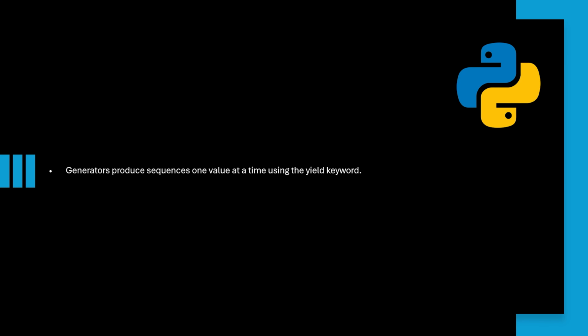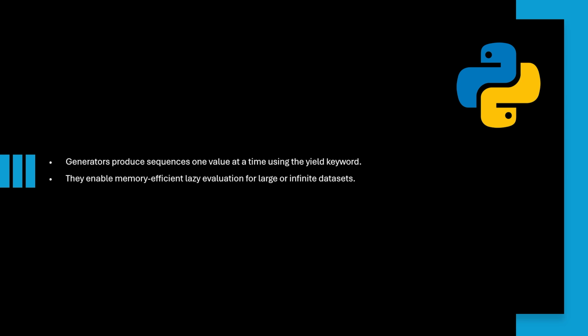Generators produce sequences one value at a time using the yield keyword. A brilliant way to produce sequences, enabling lazy evaluation that saves memory when working with large or infinite datasets.